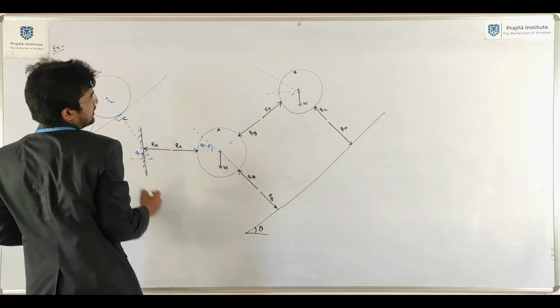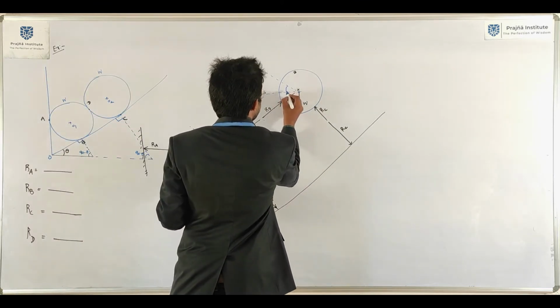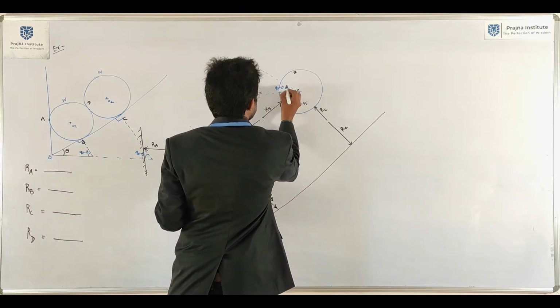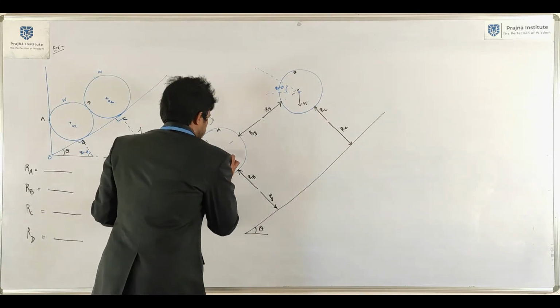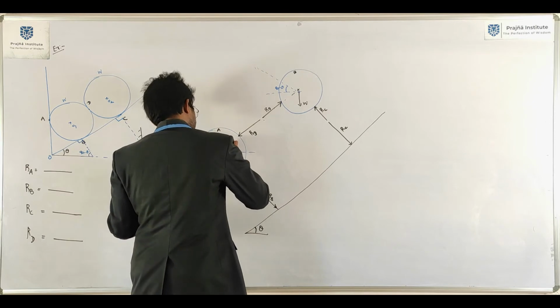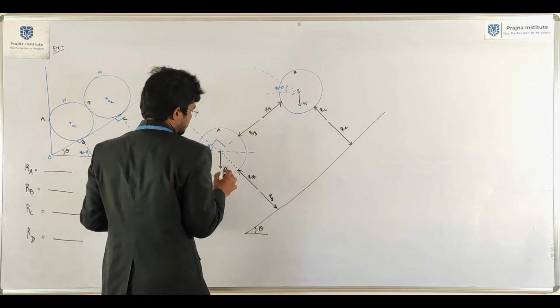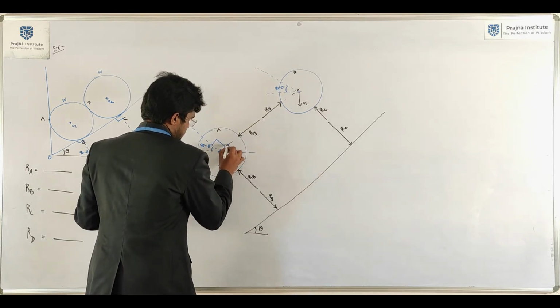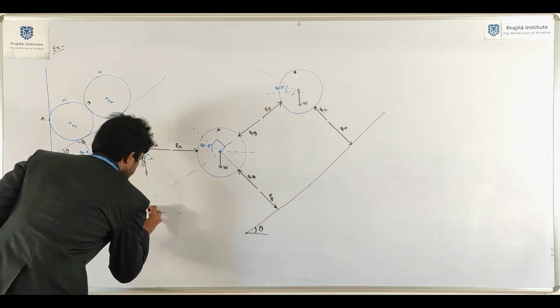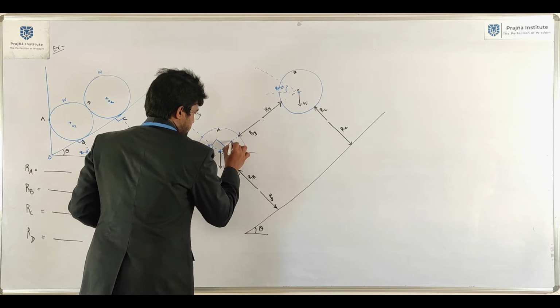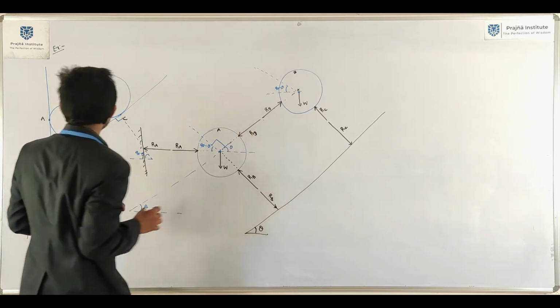So this particular thing will be 90 minus theta. Pakka. From here to here it will be 90 degrees. This will be theta. This is also theta.